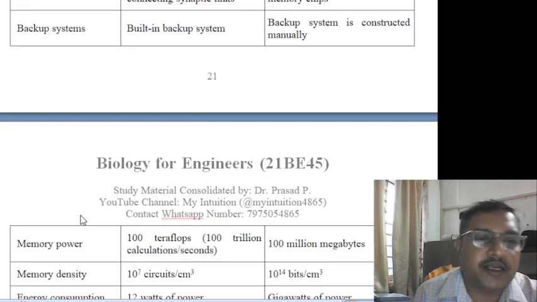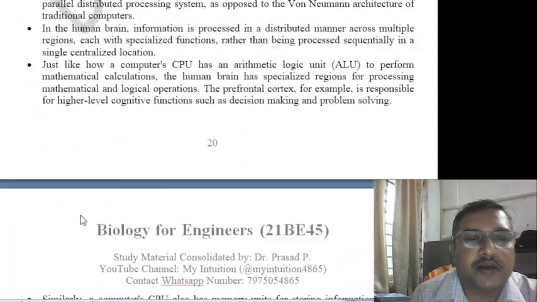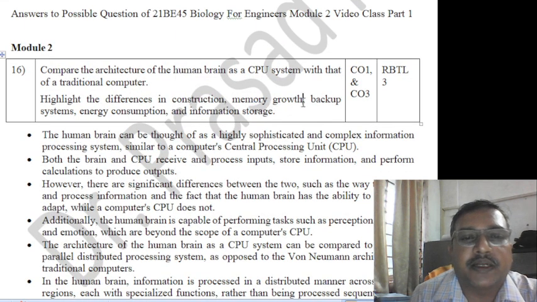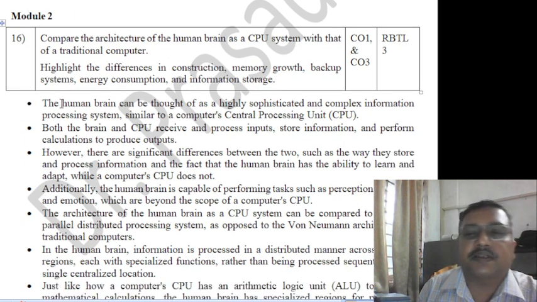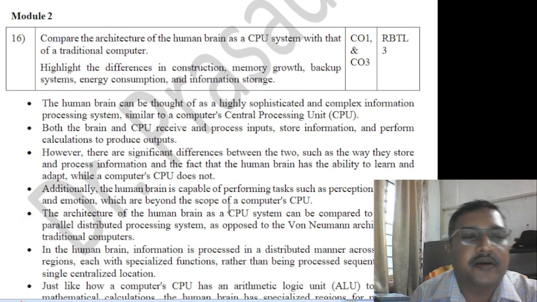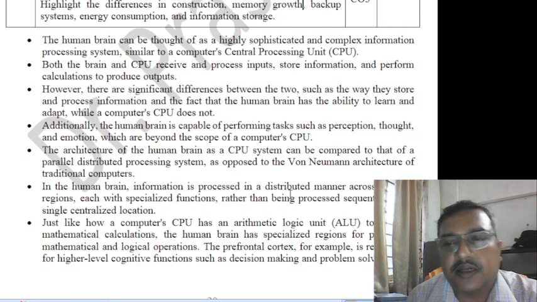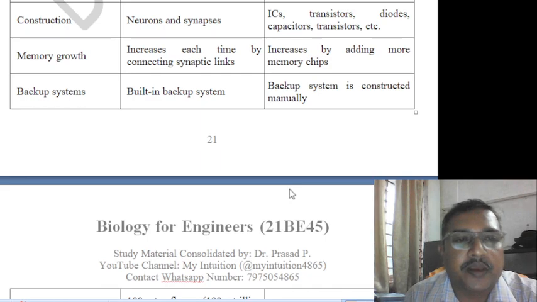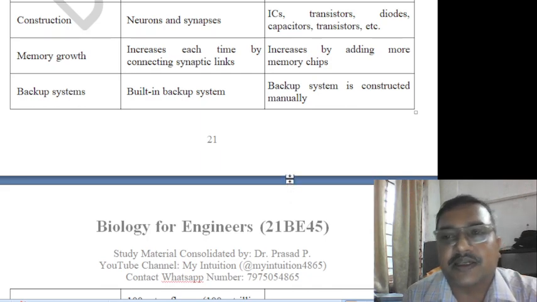All are explained here. But if the question mentions only some differences, highlight those. If not mentioned, you can take any 4 or 5 of them and write them as the differences. It is already given in the study material which has been circulated.